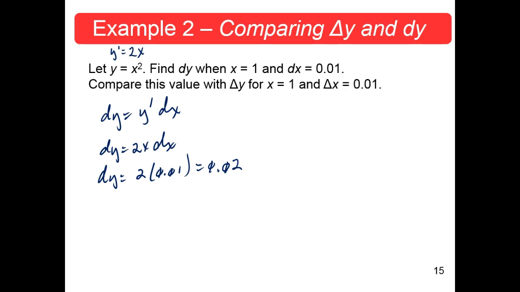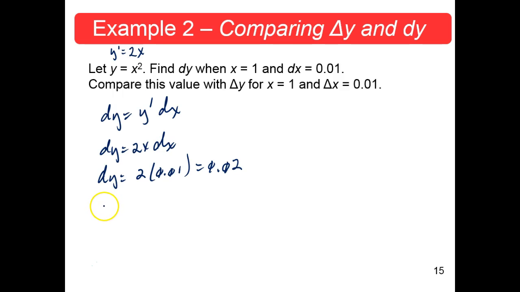Now it says compare that value with delta y for x equal 1 and delta x equal 0.01. Your y is equal to this, so they want to know what the change of y is.